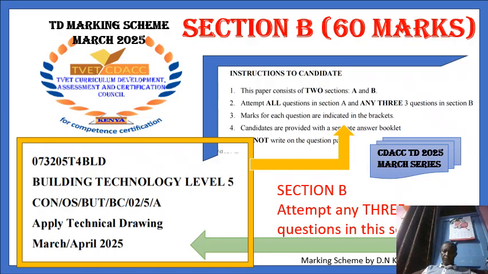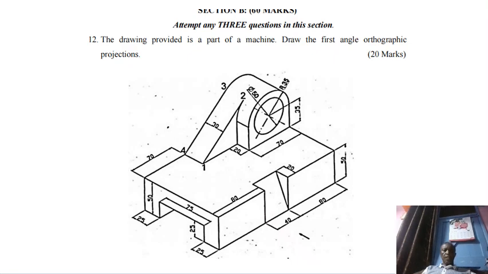So the first question, which is question number 12, states that the drawing provided is a part of a machine. Draw the first angle orthographic projection.